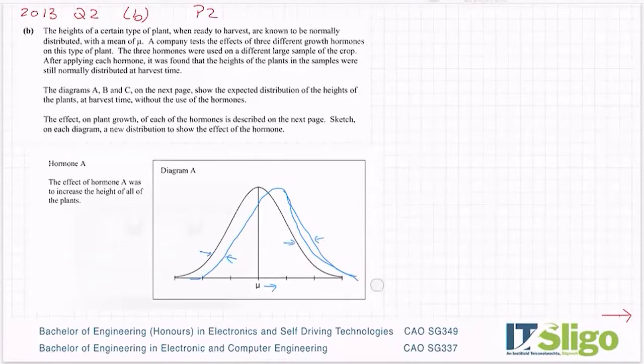And that is the effect of increasing the height of all plants. Let me see if this one works any better. No. Okay, we leave it alone. Something like that. So basically what you're saying is the mean has increased, mean being the mean height.